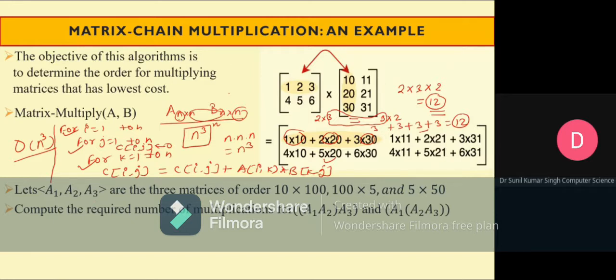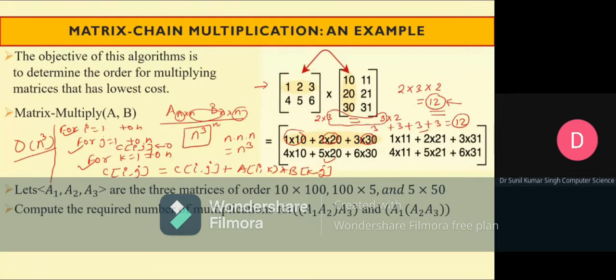Now you can see that in the example, if the matrix is like this, then this many multiplications are required. Now look at the very first point. The objective of this algorithm is to determine the order for multiplying matrices that has the lowest cost.